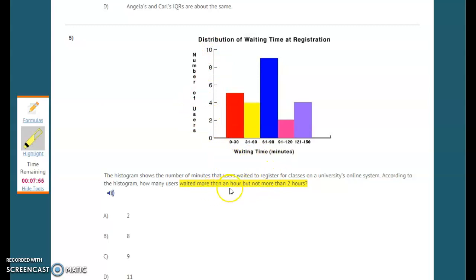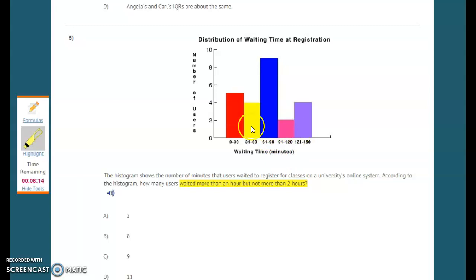If it's asking you for an hour, 60 minutes is in an hour, right? So if you know 60 minutes equals 1 hour, then you're going to figure out how many minutes are in 2 hours. Then you're going to come up here and look at that time frame in minutes.